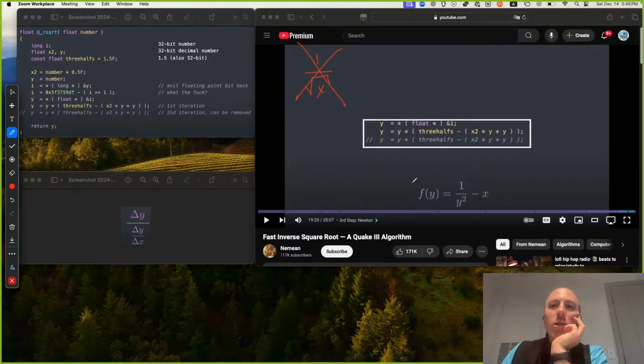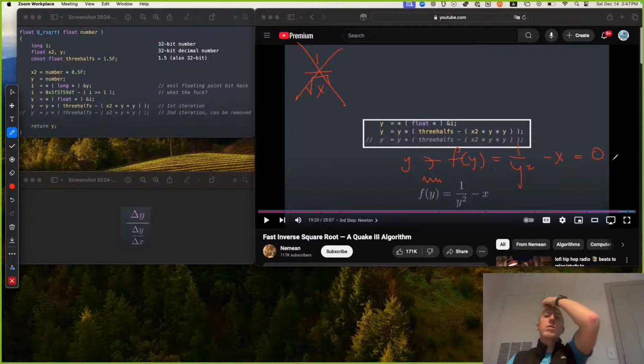We were just trying to find the root of this function. We were just trying to find a y such that this f of y is equal to 0.